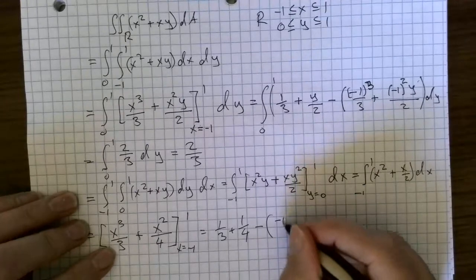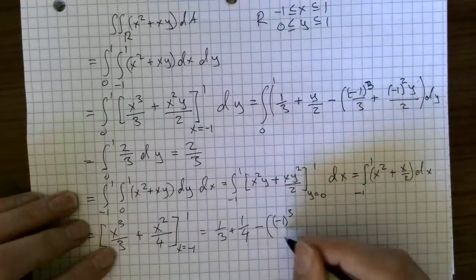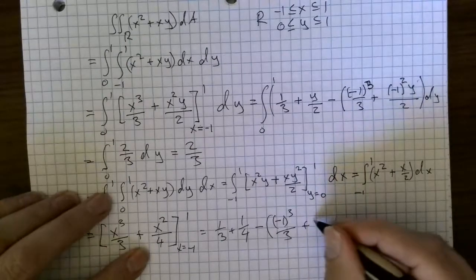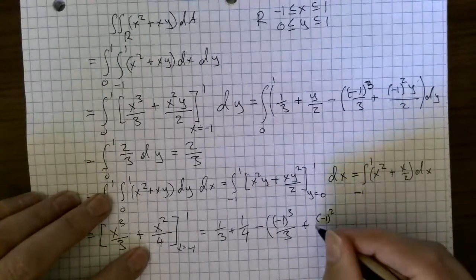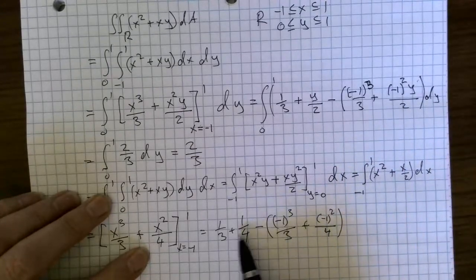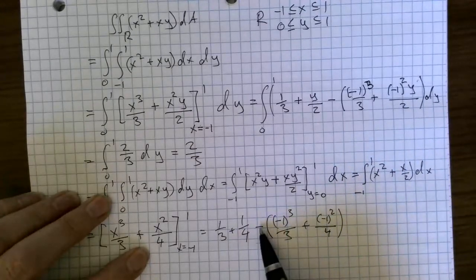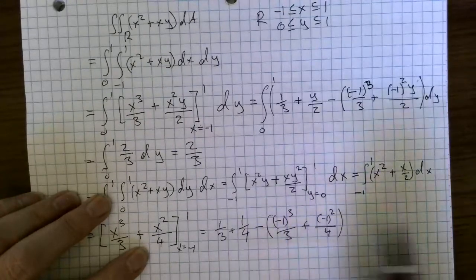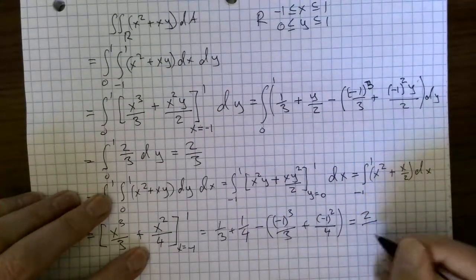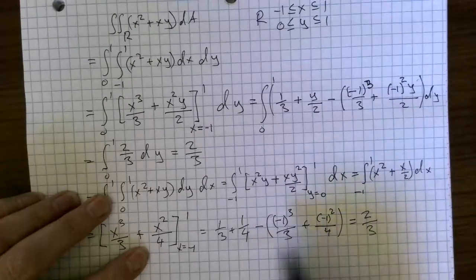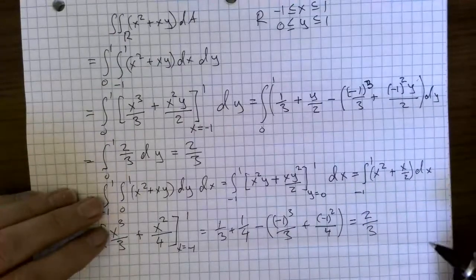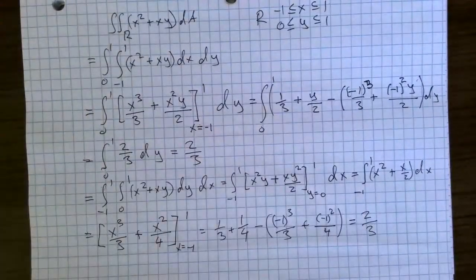So it's again -1/3, plus then we have -1 squared, so it's just 1/4. This is going to be minus 1/3. If I add up these two, I get 2/3. And if I add up these two, this is 1/4 and then minus 1/4. So it's again 2/3.